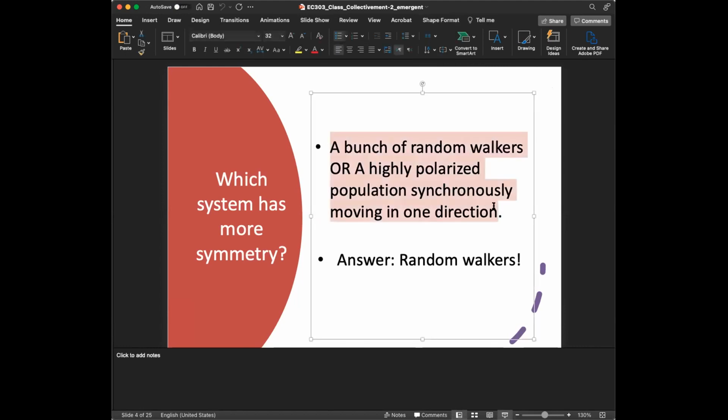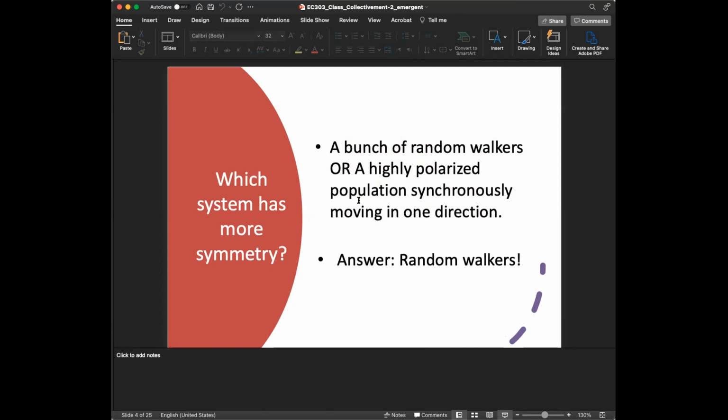Which of the two has more symmetry? I think I had asked this question in one of the early classes. The answer is actually that of random walkers. The basic reason is as follows. When random walkers are moving in all directions, at the population level, every direction is equivalent. There is nothing special about any direction.